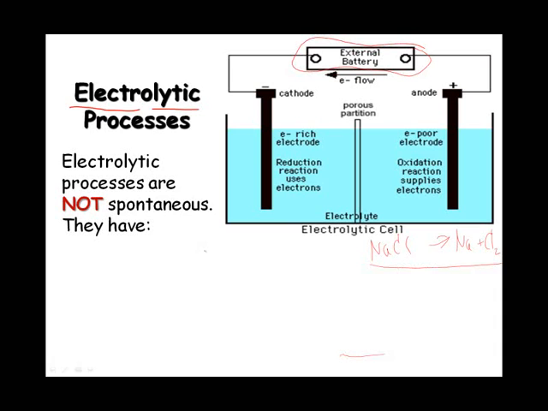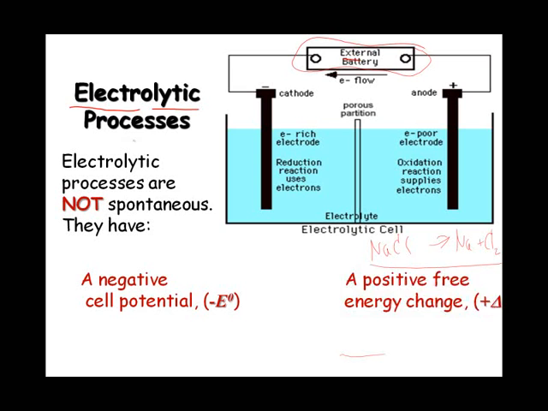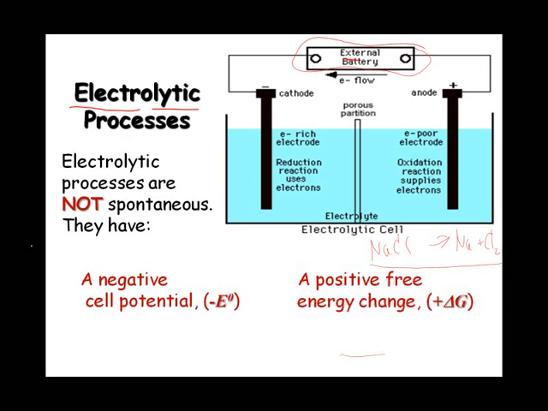Okay, so it's not spontaneous, requires energy, a battery, DC input to make this happen. So it involves a negative cell potential as opposed to a positive cell potential in the electrochemical cell or the voltaic cell. And because it's not spontaneous, that would suggest that delta G is positive.